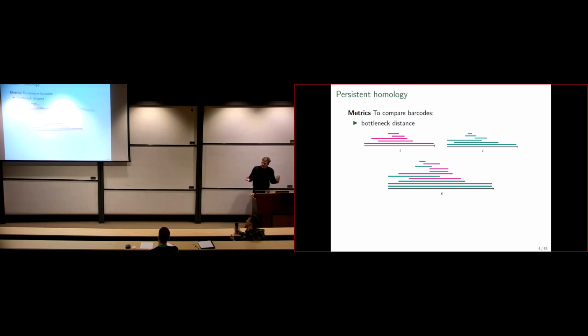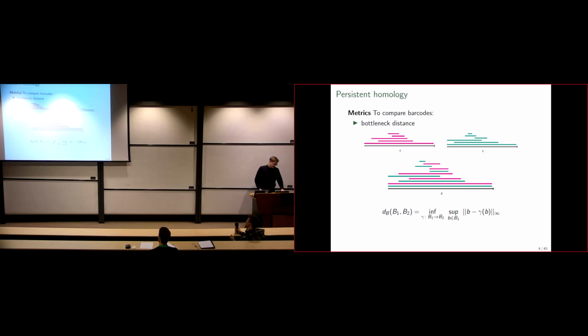And you want to compare how similar these two sets of data points are. Then you can compare them by just matching the bars. So what you do is you put the bars on top of each other like this, and then you try to match them as well as you can.